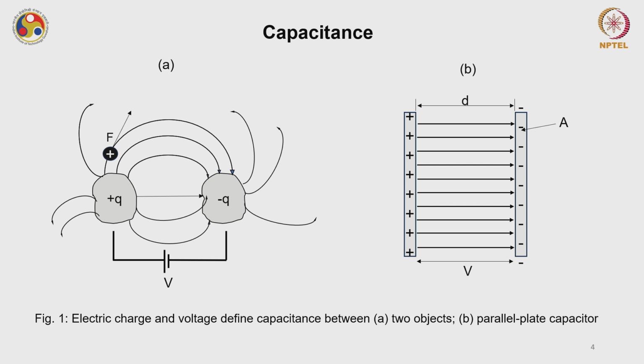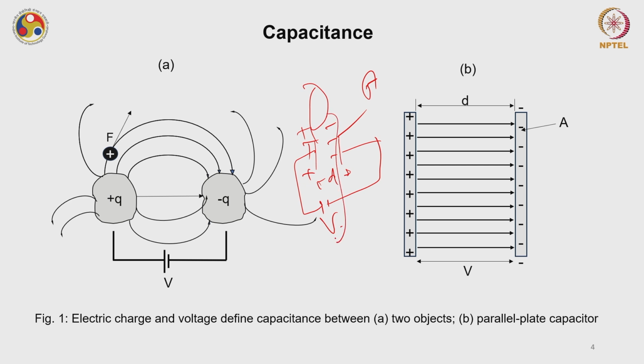This is a typical configuration of a capacitor. You have 2 parallel plates connected to a potential, and based on this you have charges on your plates. If d is the distance between them, A is the area of the plate, and V was the initial potential, the capacitor charges until it equates to this V, and that's how you find the capacitance, epsilon A by d.